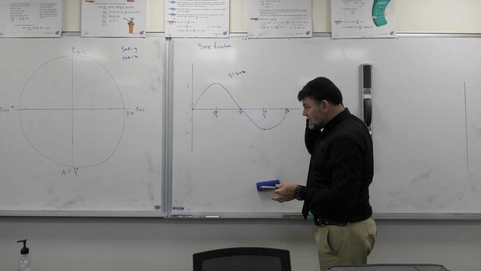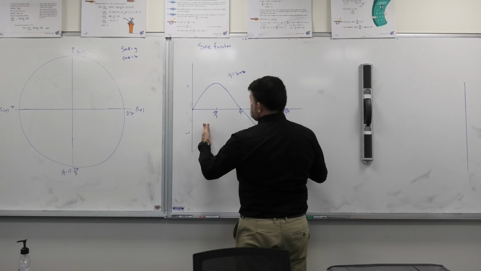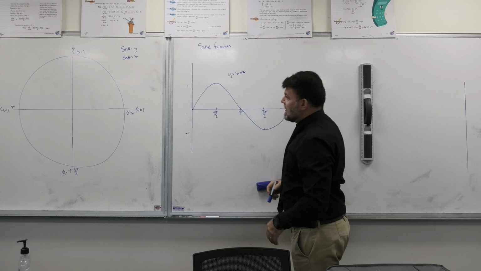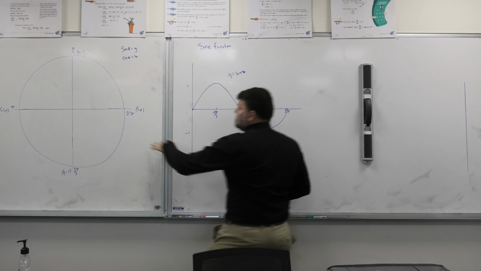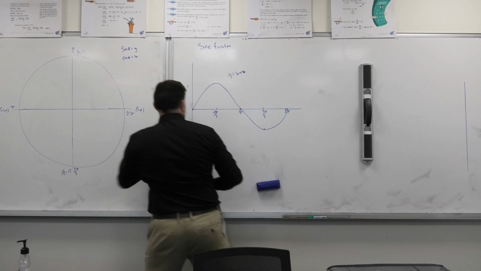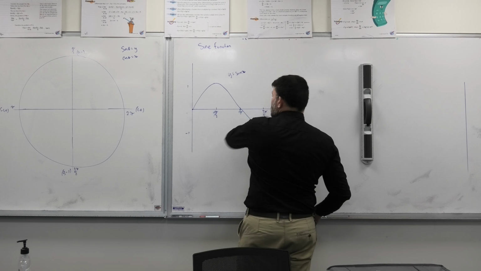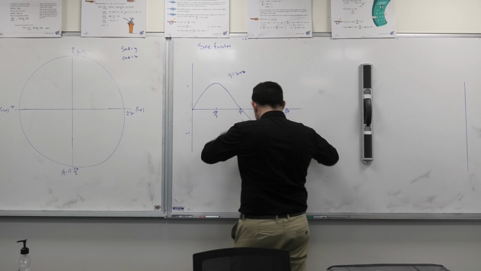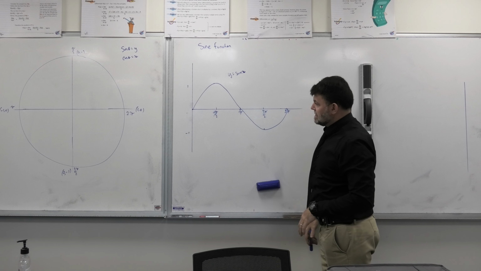If we look at this carefully, we can see how this corresponds with the unit circle. Everything that is positive for y, which would be quadrant 1 and quadrant 2, is above the x-axis. Everything that is negative, quadrant 3 and quadrant 4, is below the x-axis.